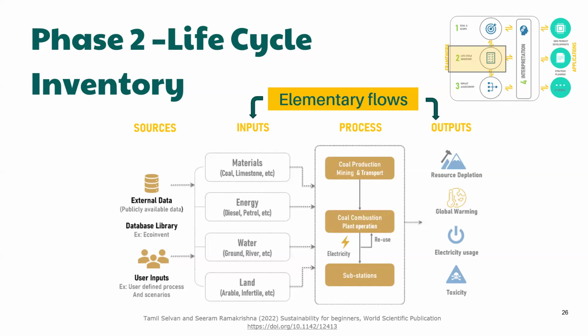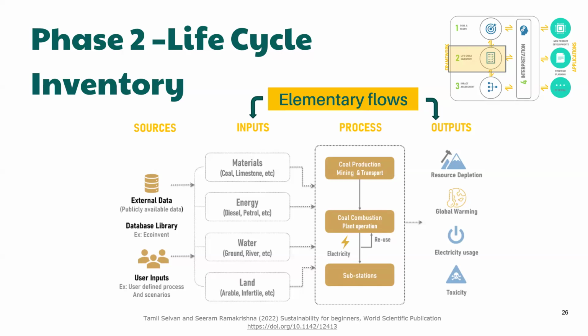So the basic concept of LCA is to conduct the life cycle assessment of a product. You need to identify the manufacturing process involved in producing a specific product, and you have to identify the input flows and output flows. For example, you have different inputs for any product.